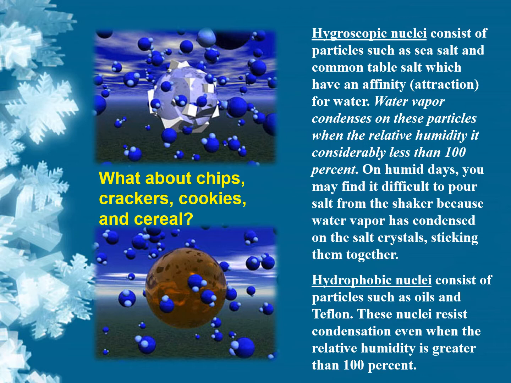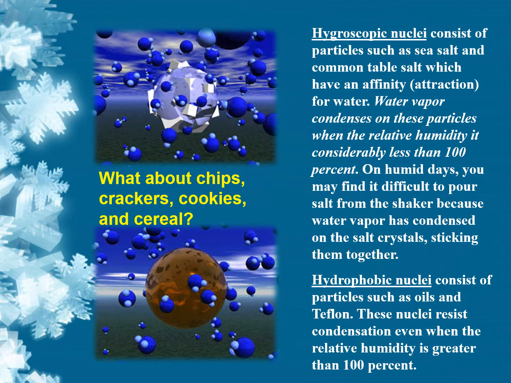So it's going to be things like sea salt, particles in the atmosphere, dust, for example, pollen, perhaps. So with hygroscopic nuclei, what happens here is that water vapor can condense on these particles even when the relative humidity is less than 100%, perhaps well less than 100%.